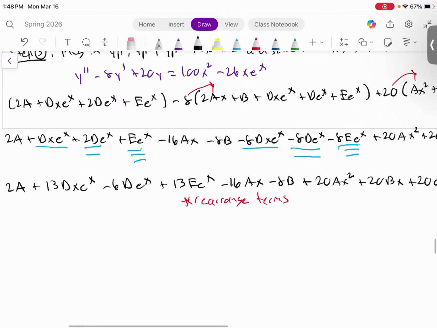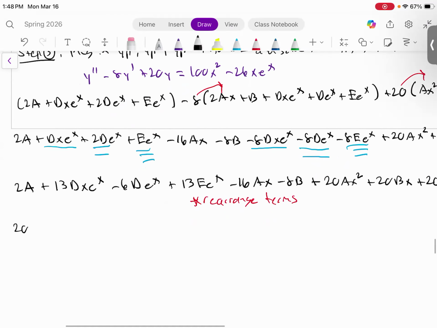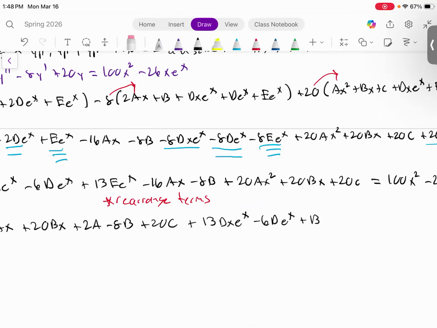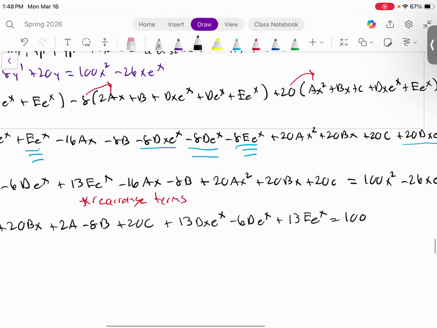The way I would do it is 20ax squared minus 16ax plus 20bx plus 2a minus 8b plus 20c plus 13b, plus 13dx e to the x minus 6d e to the x plus 13b again, e to the x equals 100x squared.